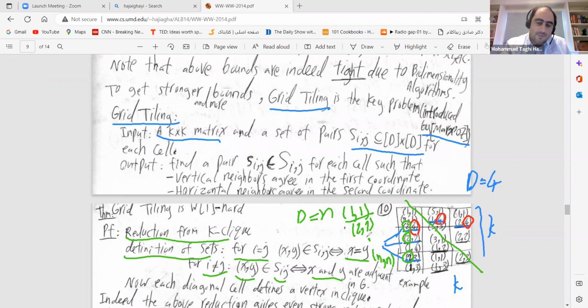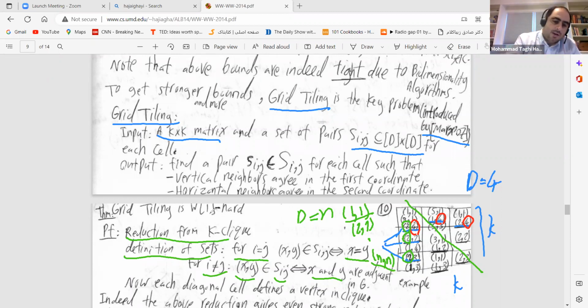If you select vertex n, then you select (n,n) on the diagonal. Because we put the set of all edges as the pairs, we have the property that all the horizontal ones share the second coordinate and all the vertical ones share the first coordinate. So you can get the hardness of this problem from clique.